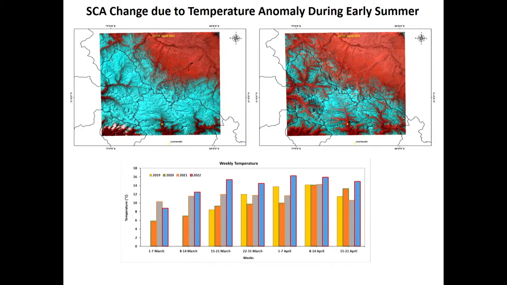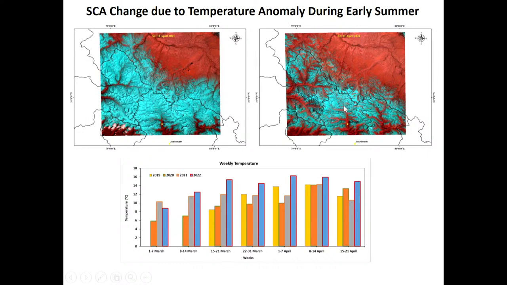If you have heard, this year in Uttarakhand we have had numerous avalanches. Why did this happen this year? I have shown this here in this image. You can see this was the condition on 11th April 2021, in this Sentinel-2 optical image, and this is the same date, 11th April 2022.